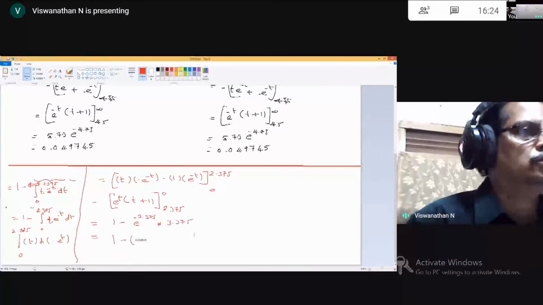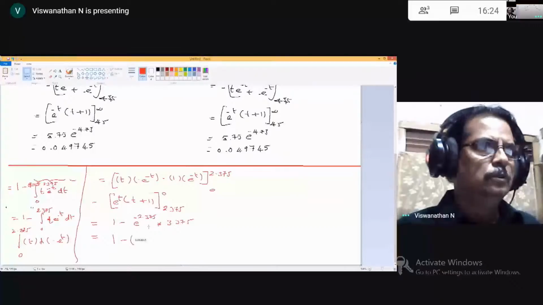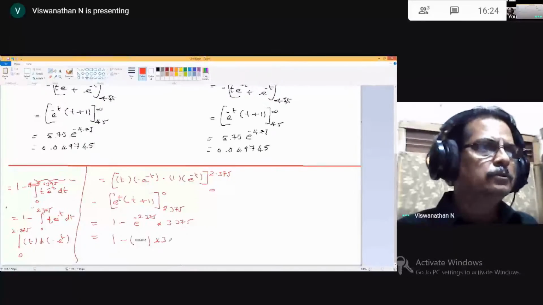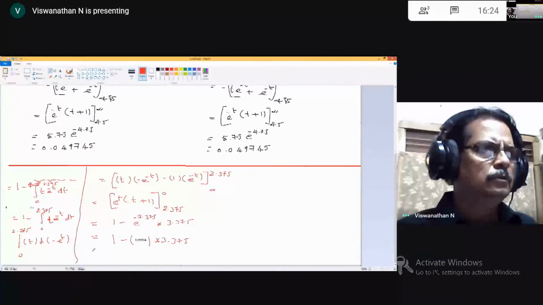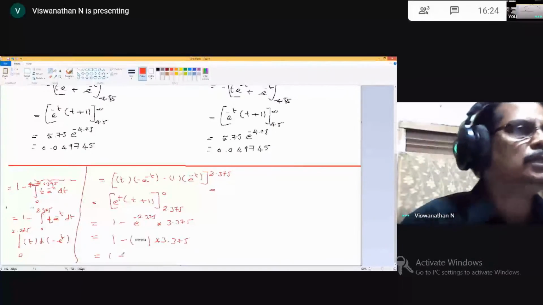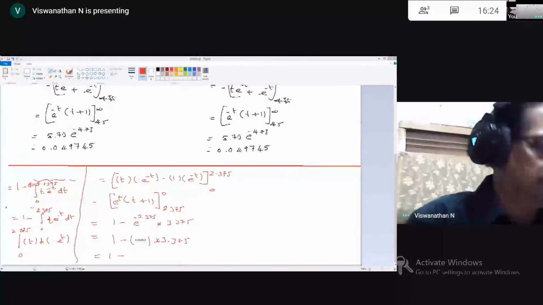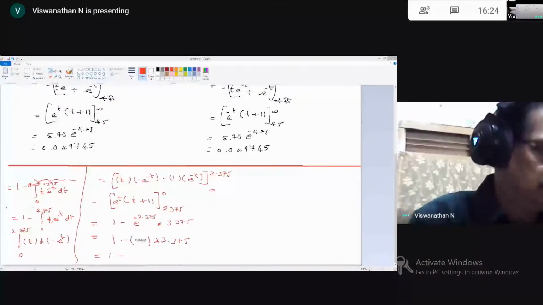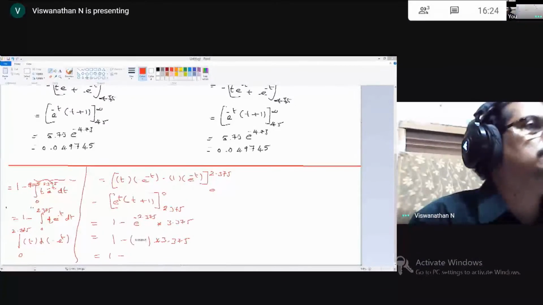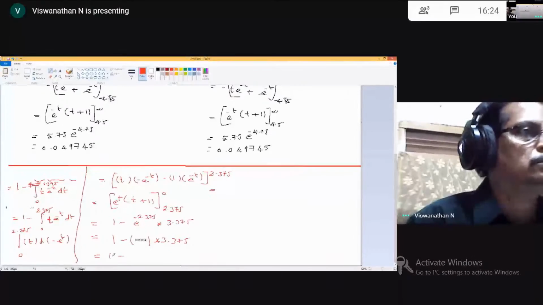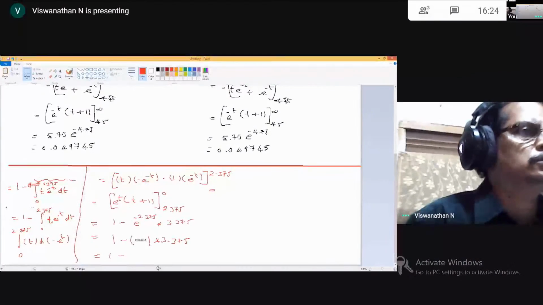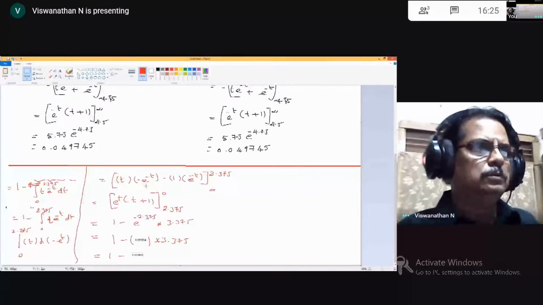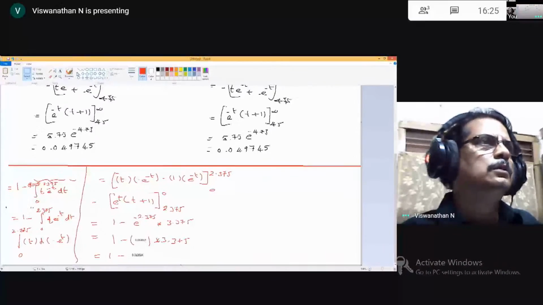So this is one value that we have, e power minus 2.375, and it has to be multiplied by 3.375, which is equal to 1 minus that value times 3.375. Now 3.375 multiplied by this value gives the new value.